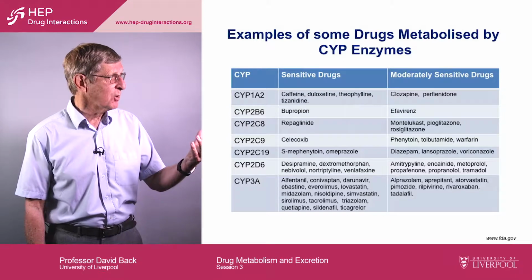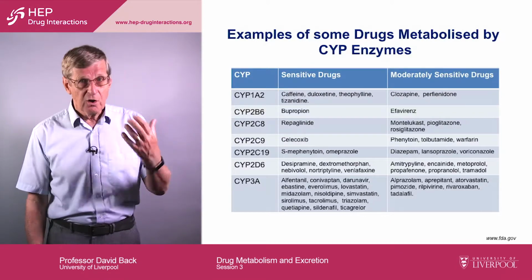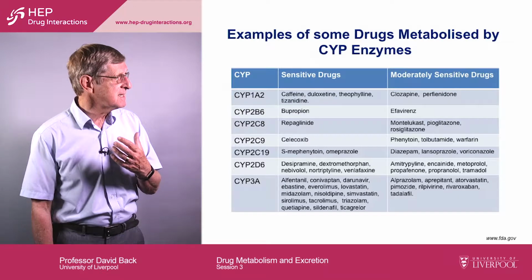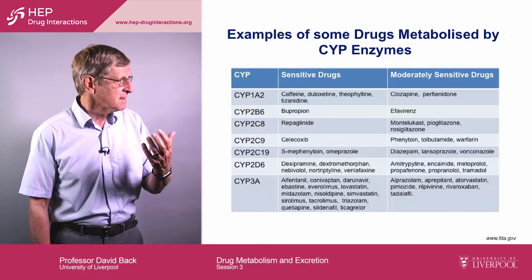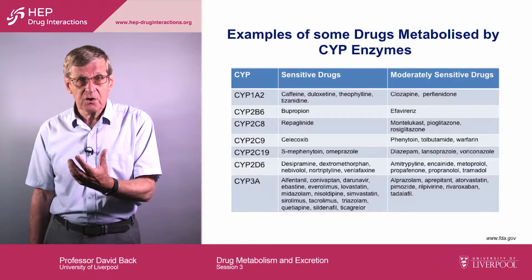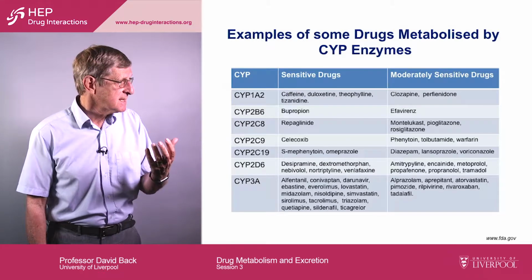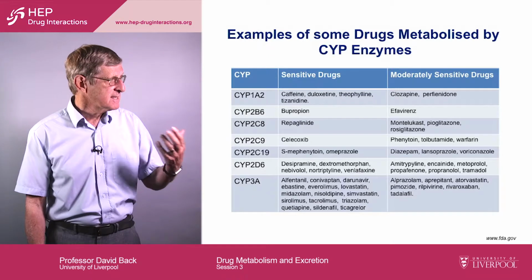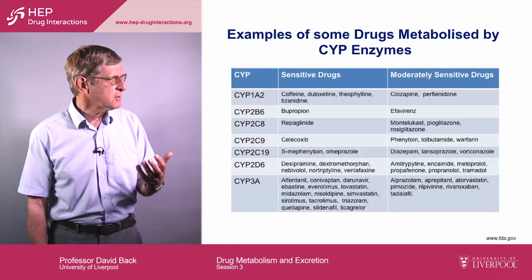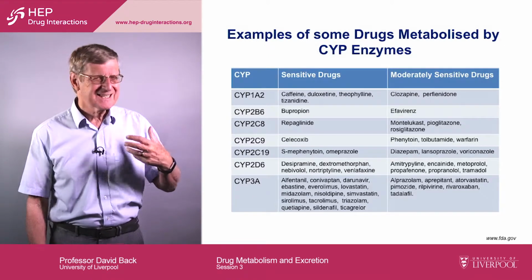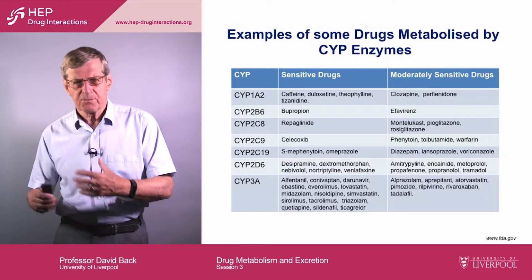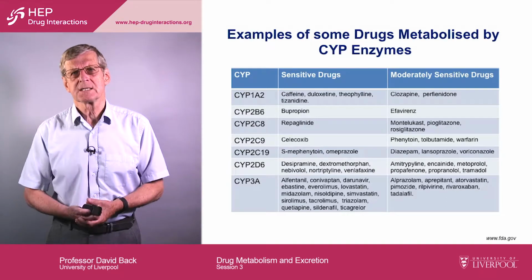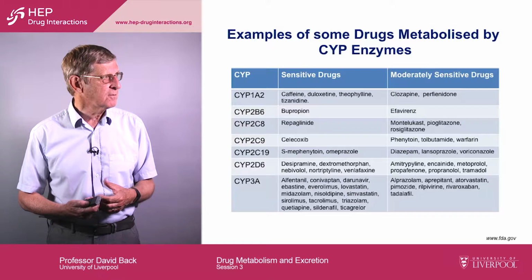An example of CYP1A2, for example, theophylline, the drug for airways disease, for CYP2C19, omeprazole, for CYP2D6, a drug such as venlafaxine, and then CYP3A. There are multiple drugs. These are sensitive drugs, so they're strongly metabolized by the cytochrome P450.